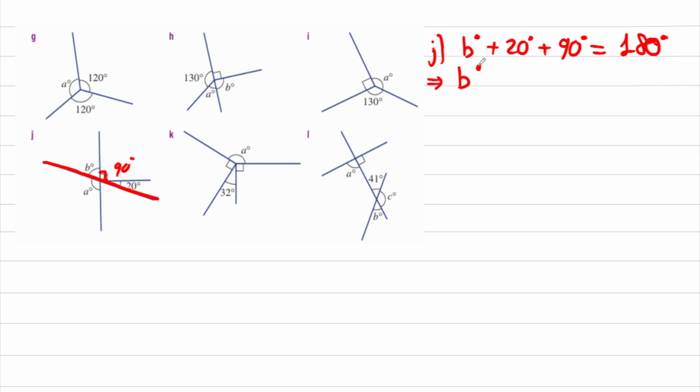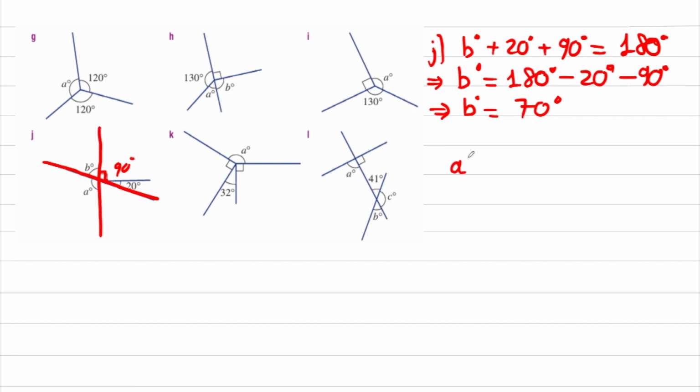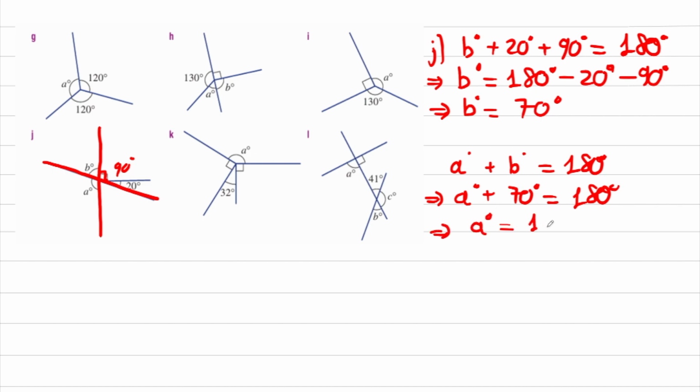And then I've got B degree here equal to 180 minus 20 and minus 90 like this. So 70 degree will be my final answer for B. And about A and B make a straight line. So A plus B equal to 180. And you know the value of B, 70 degree. And then I can easily figure out A. You got A degree here, 110 degree.